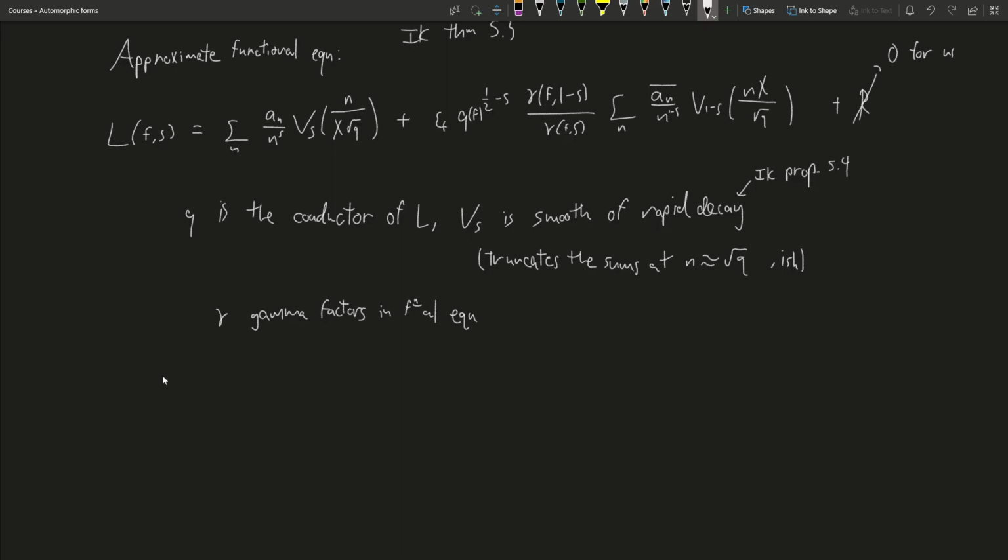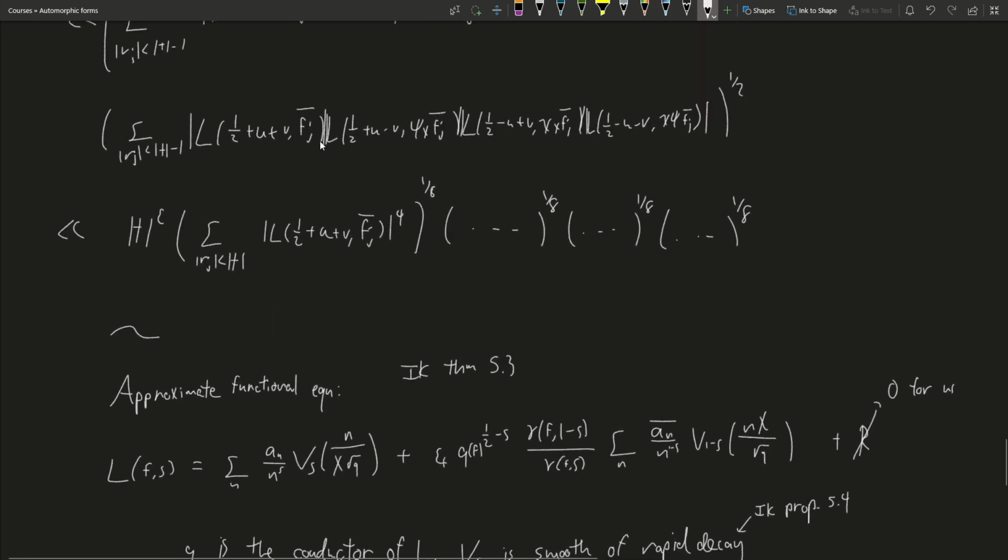So what you can look up is that the conductor of L(s, star), and I'll write star to mean any of these 4 things.